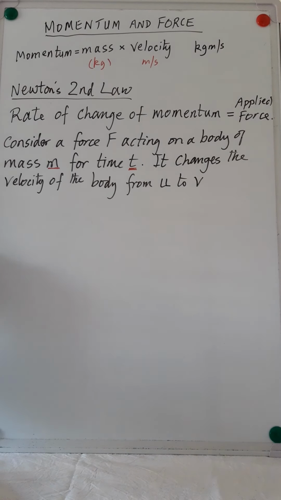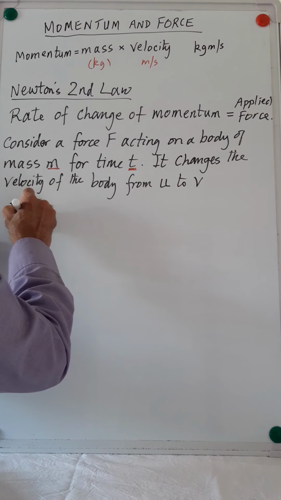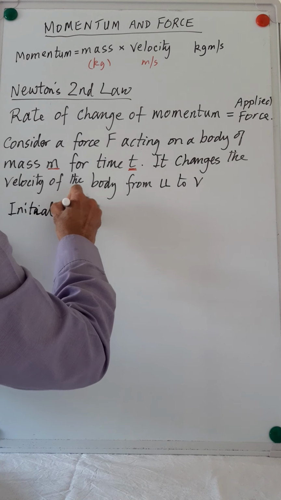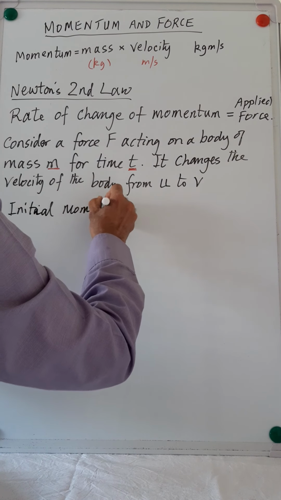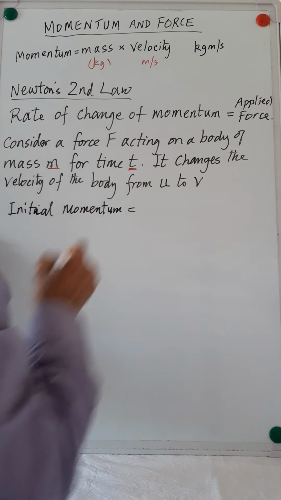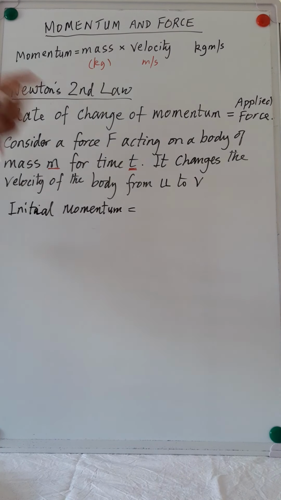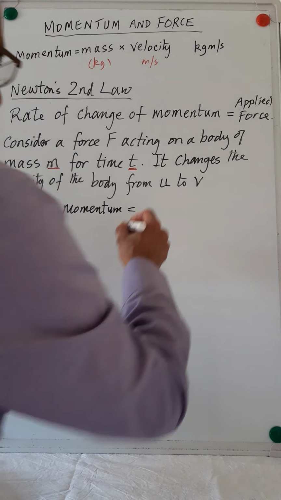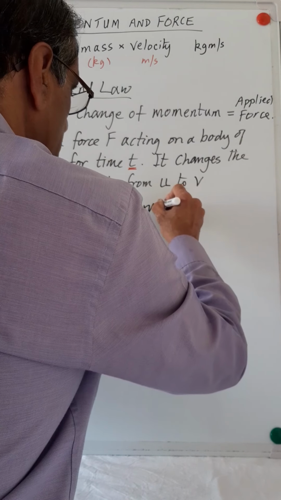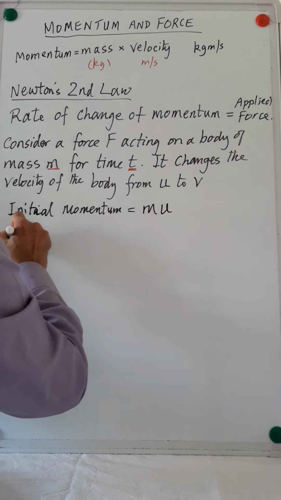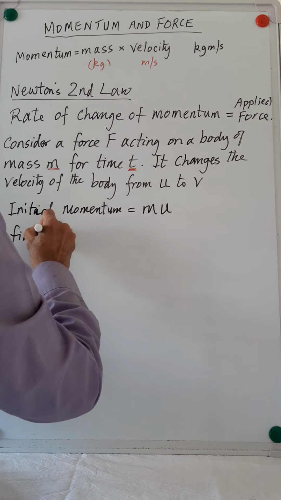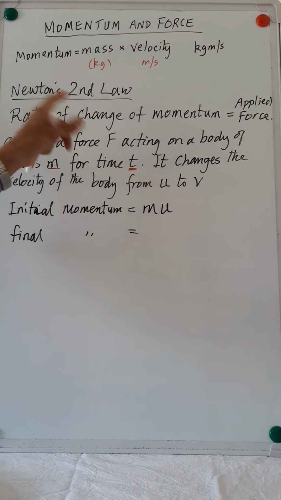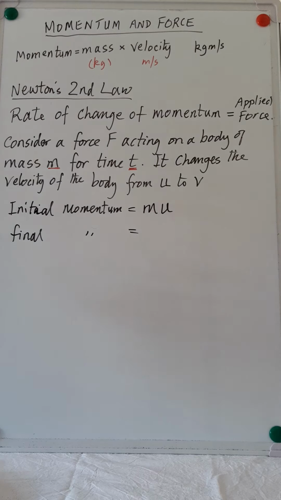Okay, we can write down the initial momentum of the body. Remember, momentum is mass times velocity. Mass is m. The initial velocity is u. This is m times u, or mu. Final momentum: after the force acts on it, it changes velocity to v.